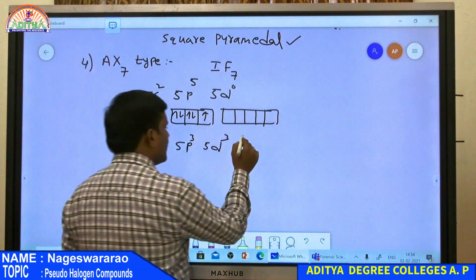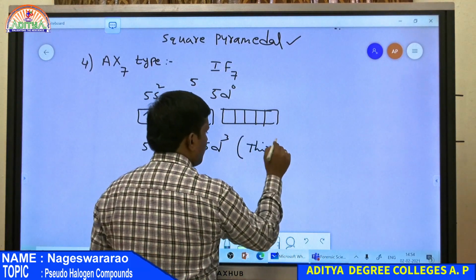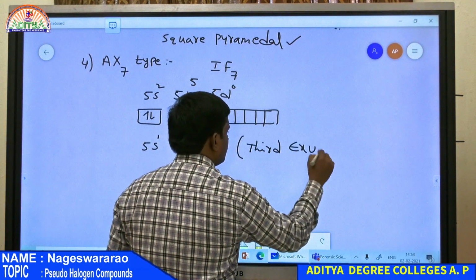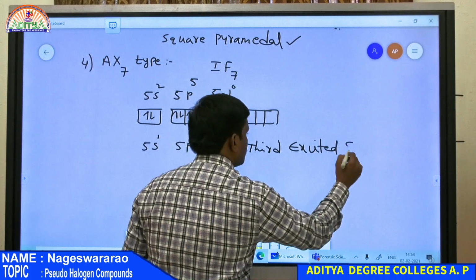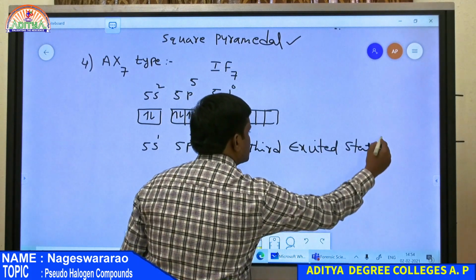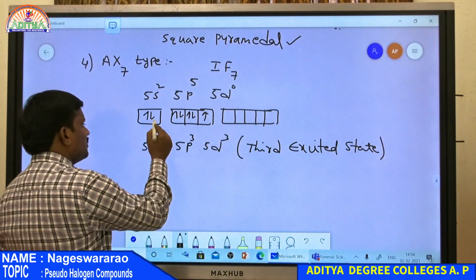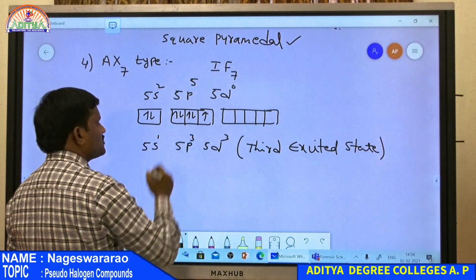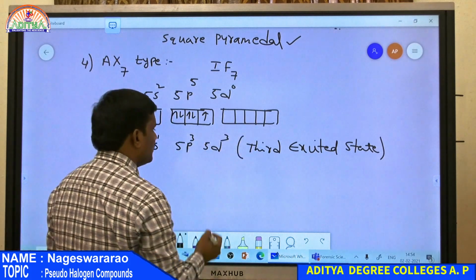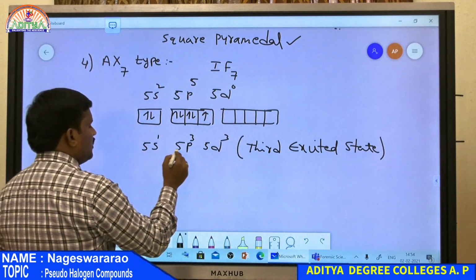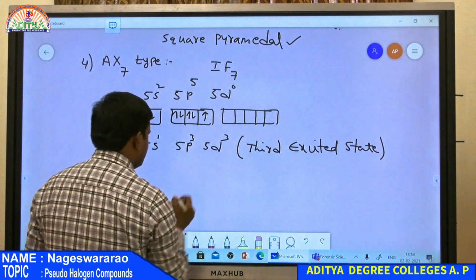So this is the third excited level. At the third excited state, all the electrons present in the 3 orbitals, s orbital and p orbitals, are excited to the next level, then it becomes 5s1, 5p3 and 5d3.